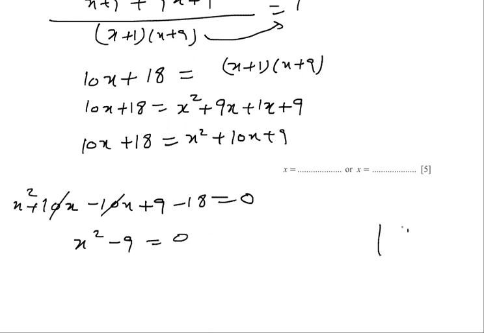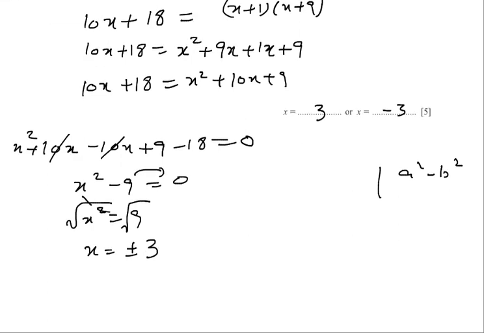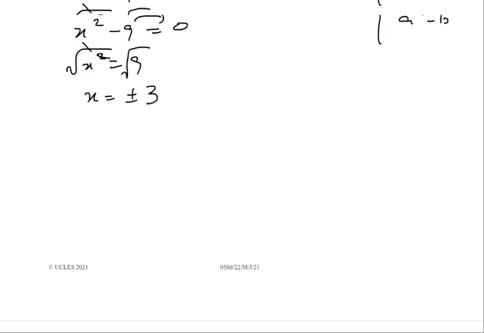Now this is of the form a square minus b square. Or even you can easily shift it to the other side. x square will be equal to 9. Take the square root on both sides. What will x be? Plus minus 3. So it means x is 3 and minus 3. So simple, although a little bit lengthy question, but it is simple.